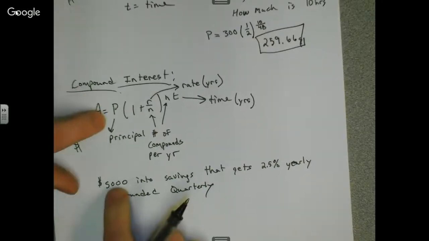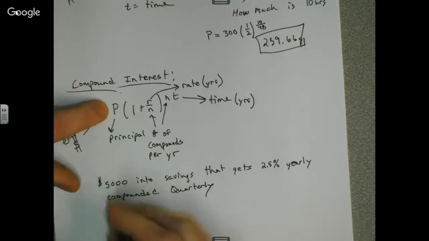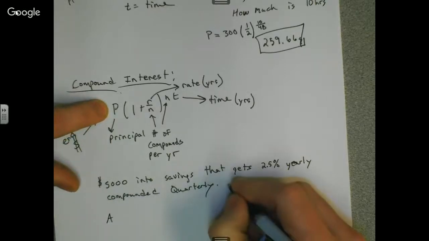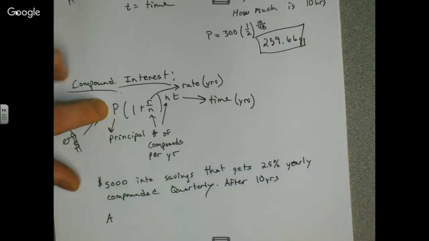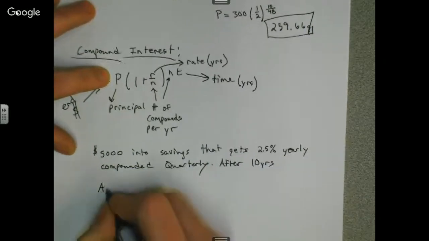So I'm putting $5,000 in for principal, and I want to know after 10 years how much is in there. So I want to know the ending amount.